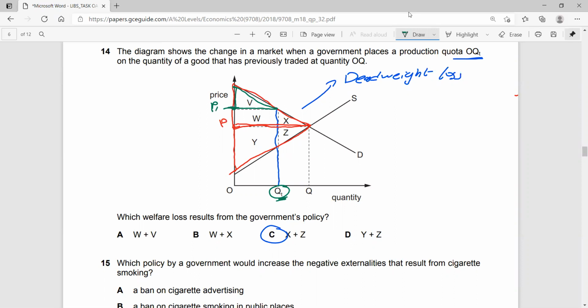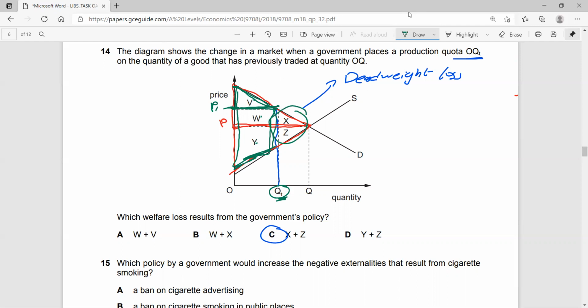And for your producers, the area below the price and above the supply curve, obviously not going to that region because you're not even producing in that region, would be this. So while the consumer surplus does lose out on W, it's captured by the producer. So all of this is still welfare that is still acquired. So V is the consumer surplus, W plus Y is the producer surplus.